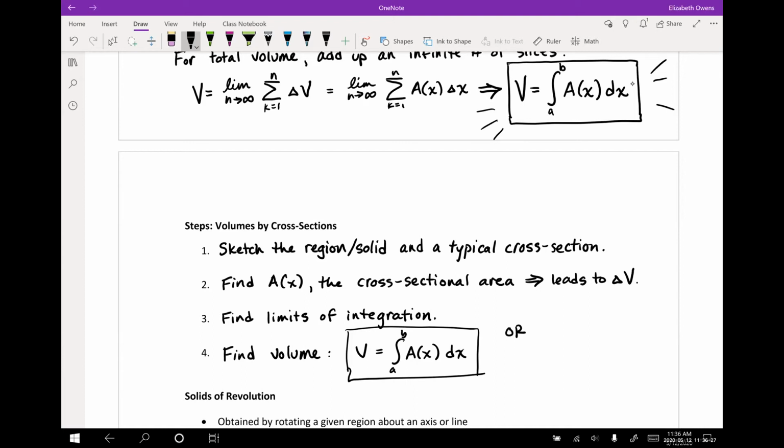So that is the same thing on these volume problems. You can do everything in terms of X, or you could do an integral, let's say from C to D, and then make everything in terms of Y in there instead. It's just about being consistent with your variables.